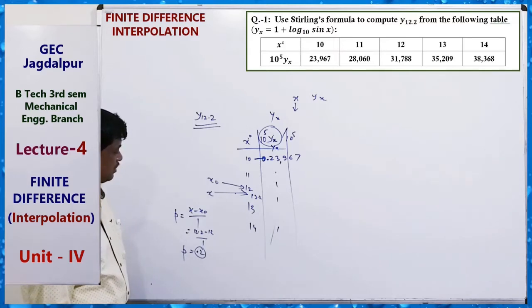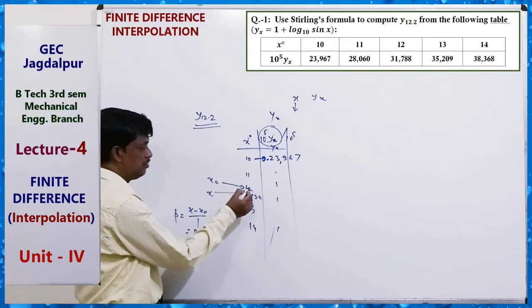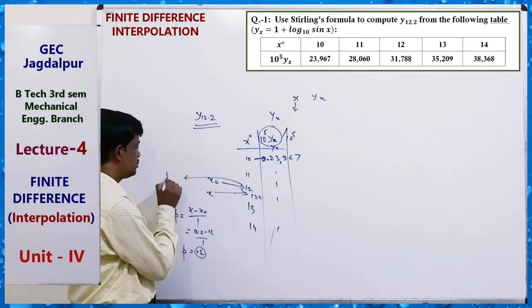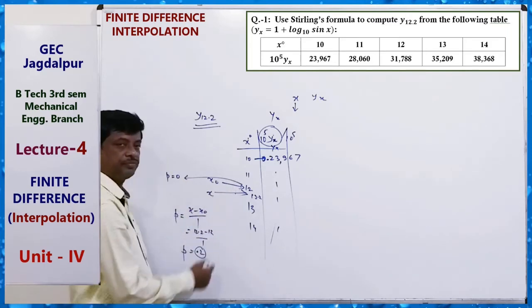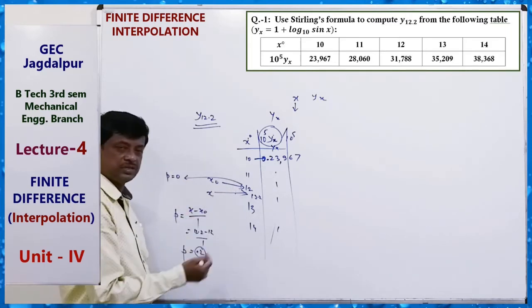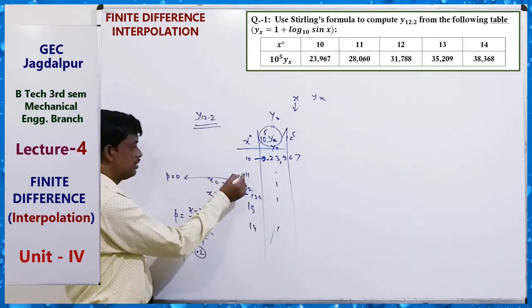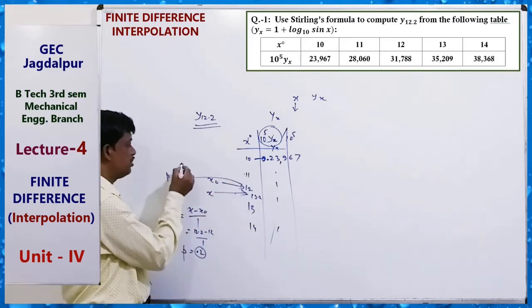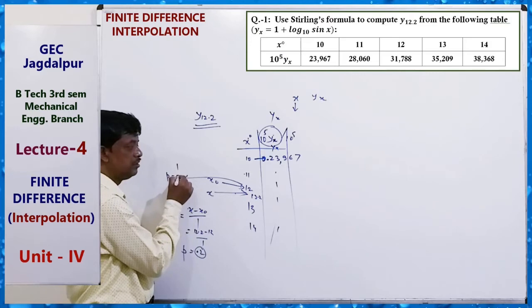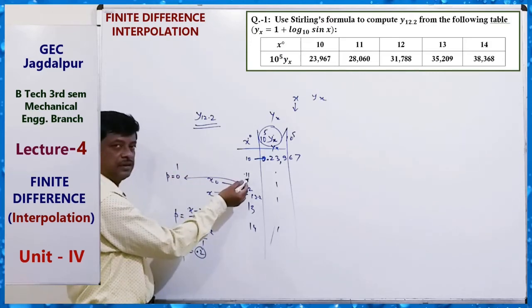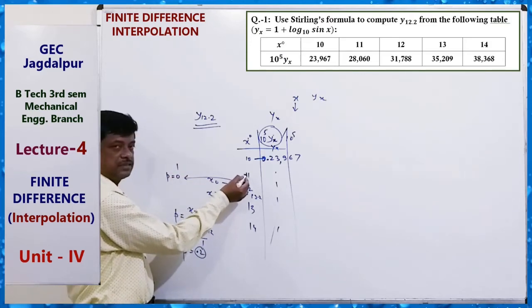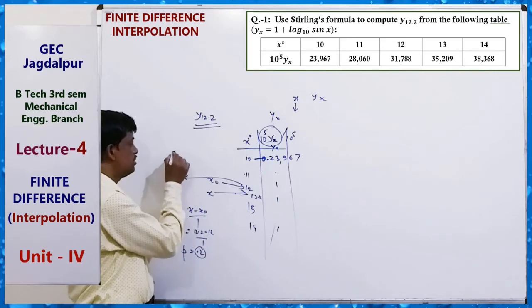Here if we see, p equals 0 at 12, because 12 minus 12 is 0. Here 12 minus 11 is 1. Here, minus 1, minus 2.